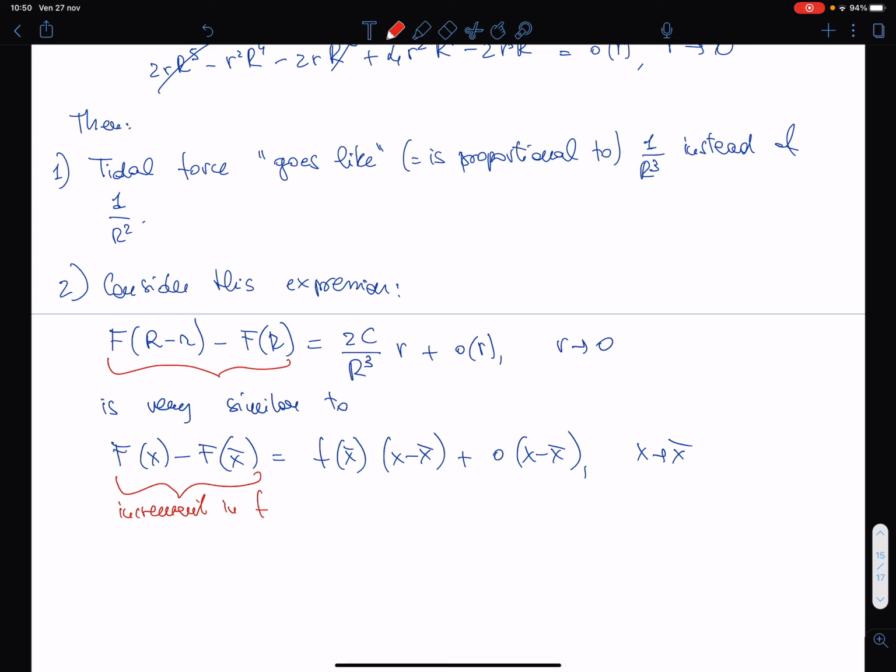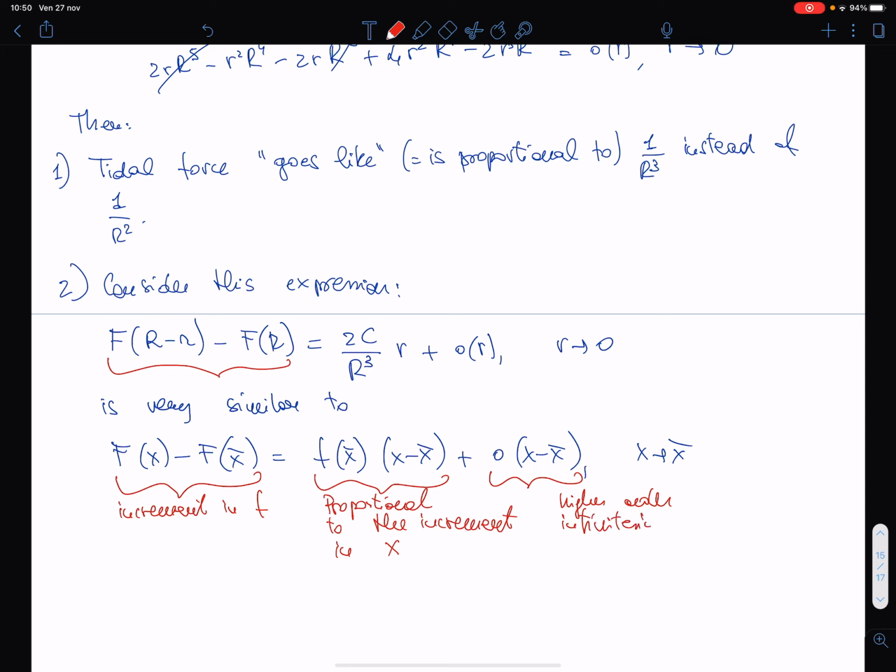And here we have that this increment is proportional to the increment in the independent variable x, and here we have a higher order infinitesimal in the increment of x.